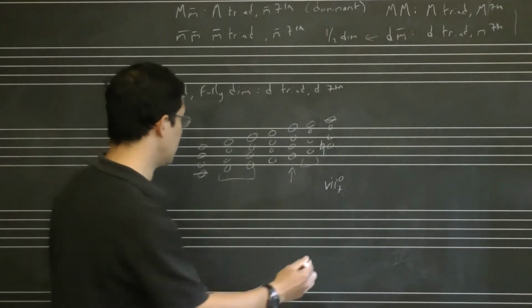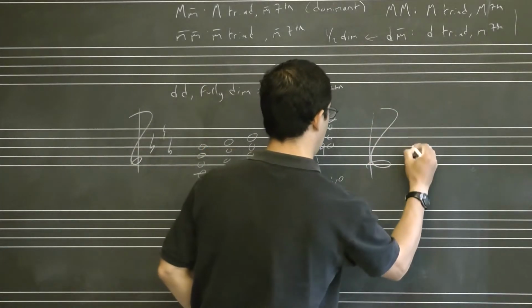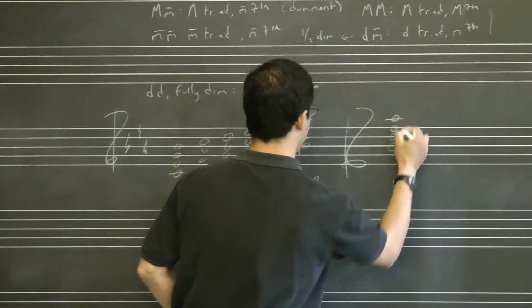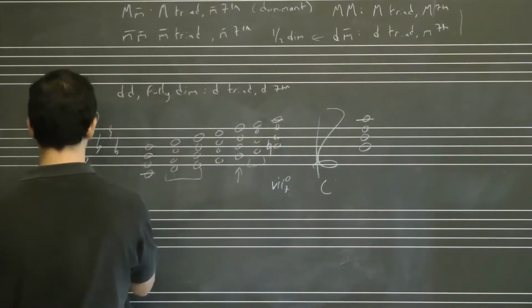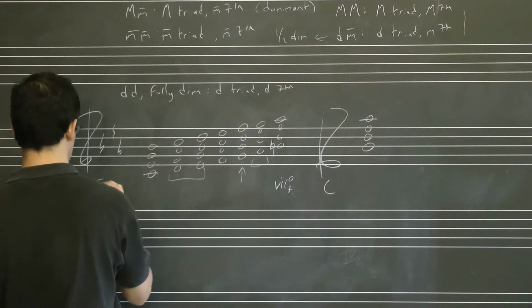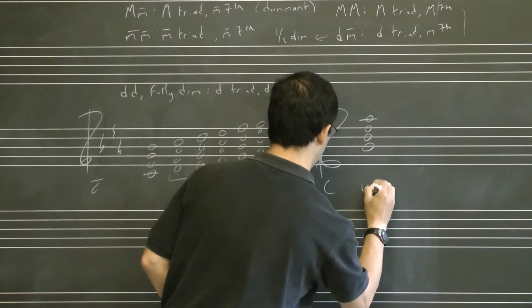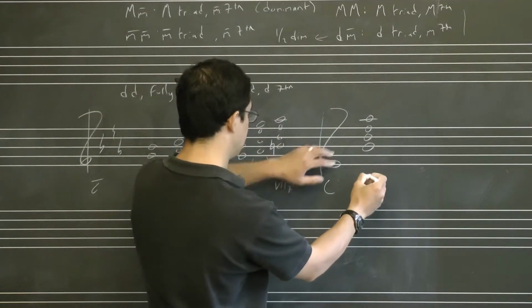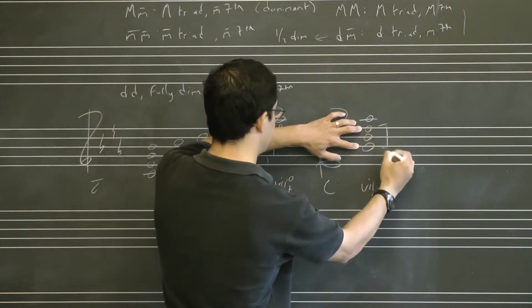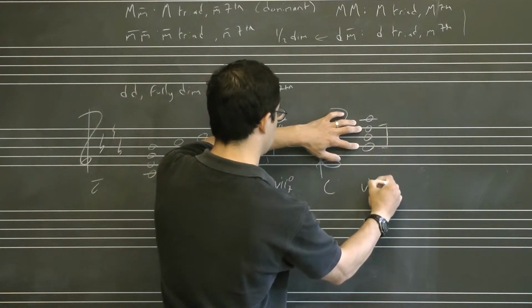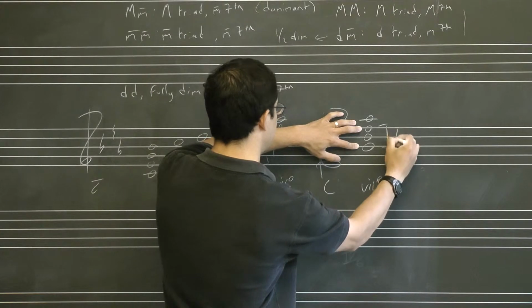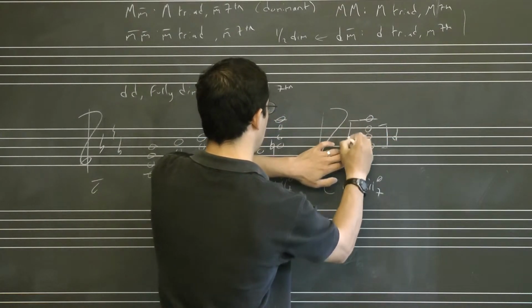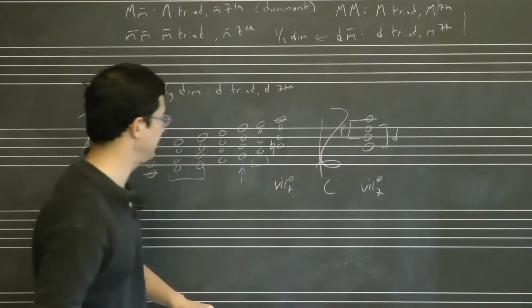Also, you'll notice if I go back to my C major context, you'll notice, a bit of a preview, this is a diminished fifth, but this is a perfect fifth.